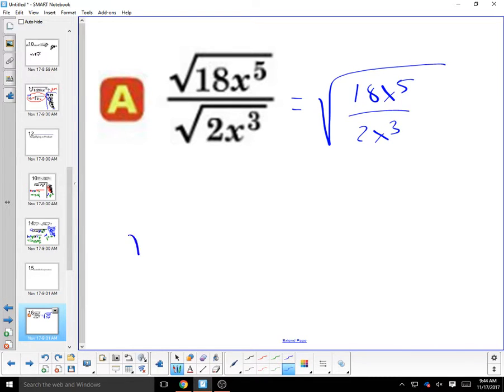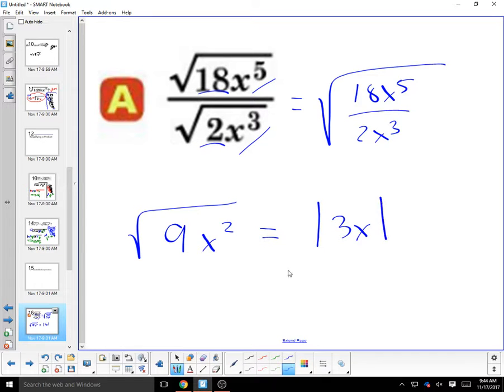If I'm looking at the square root here, what is 18 divided by 2? It's 9. And if I have x to the 5th over x to the 3rd, the 3s cancel, don't they? So you would get x to the 2nd. Do I have to worry about absolute value? Yes. So this would be the absolute value of 3x, which is simply 3 times the absolute value of x.